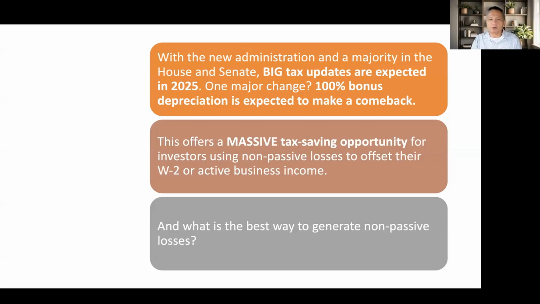So that's the key. If you can document the hours and apply the terminology, the big buzzword, quote-unquote, material participation, because that is a huge requirement, to spend the time to qualify for that, the hours you spend and the documentation and all that.